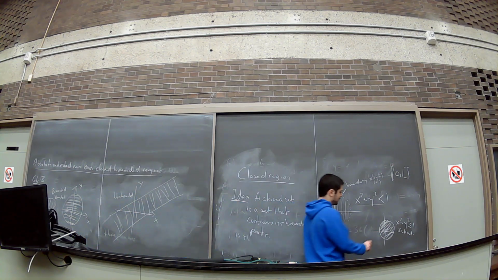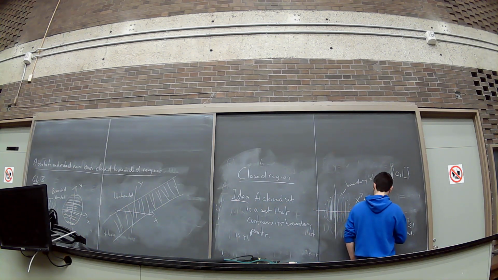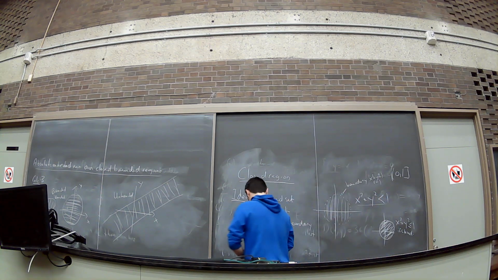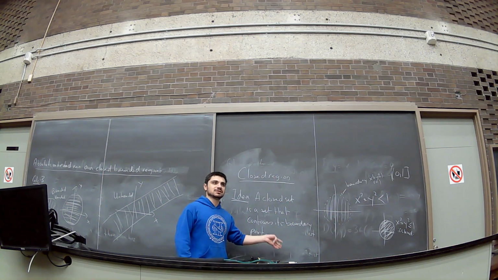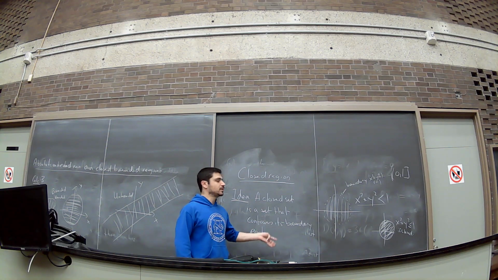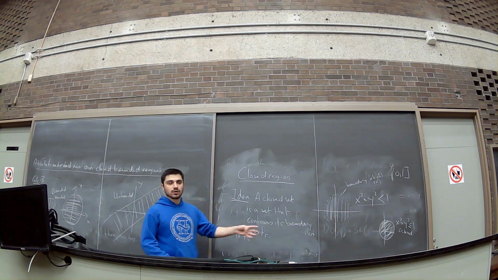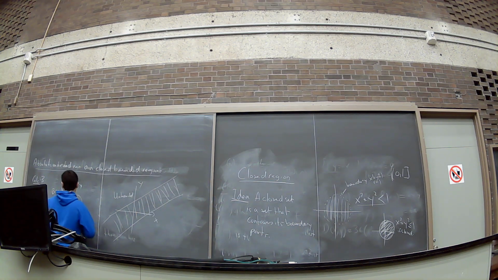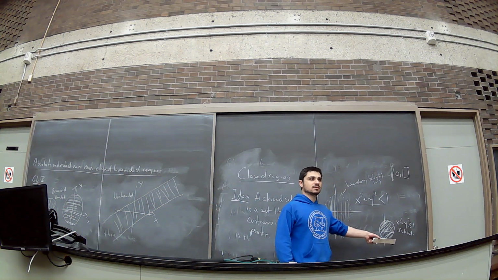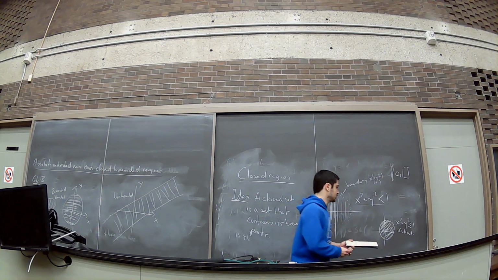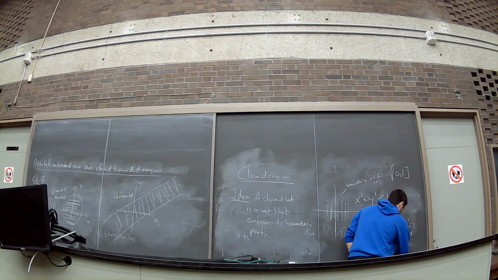Of course, boundary points are not very clear with these, but take it intuitively. All the examples that we'll be doing are intuitive. Now is the circle closed? It's closed. Is it bounded? Yes, this is closed and bounded.